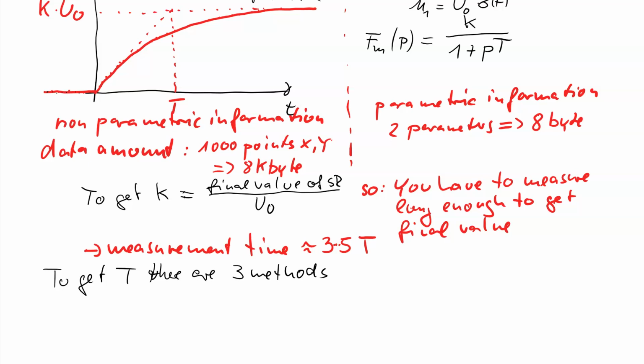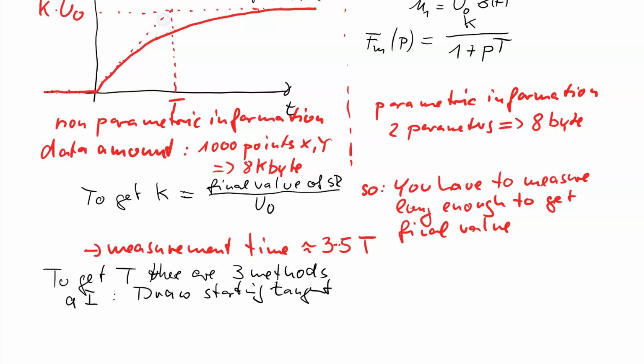The first, say Roman 1, is draw starting tangent. Draw starting tangent, I have indicated this in my drawing, that is the dotted line.